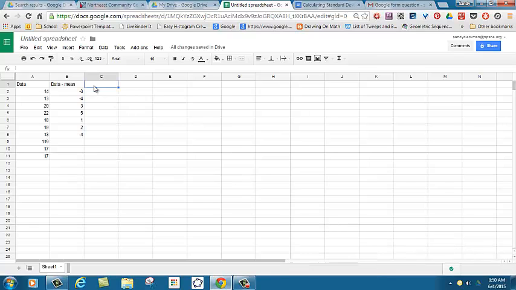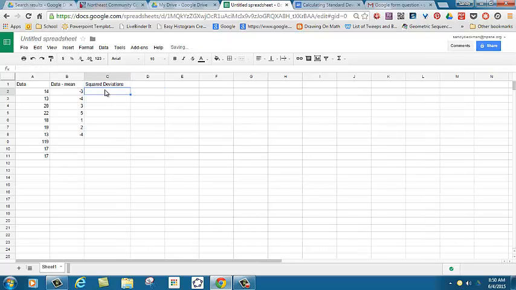I'm going to label this column the squared deviations. And basically I'm going to take each one of the numbers that I have over here, so again a formula would be equals, click on this number, and then raise it to the second power.